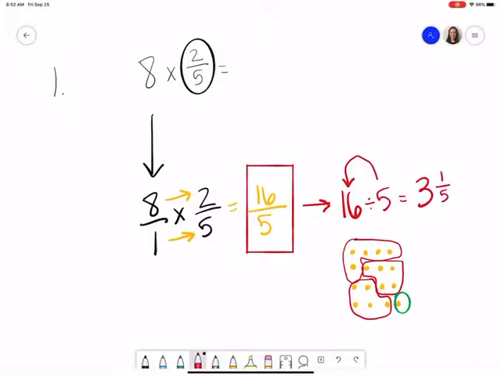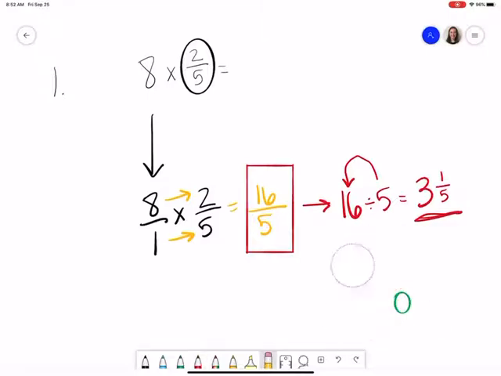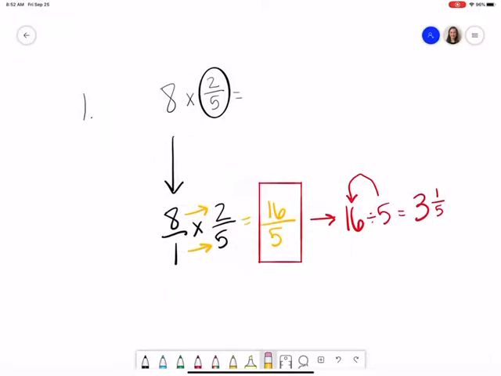I have 1 out of the 5 that I need, all right? So this is our proper fraction. 3 wholes and 1/5. All right, great job. Hopefully you got 16/5 or 3 1/5. All right, we're going to go on to the next one.